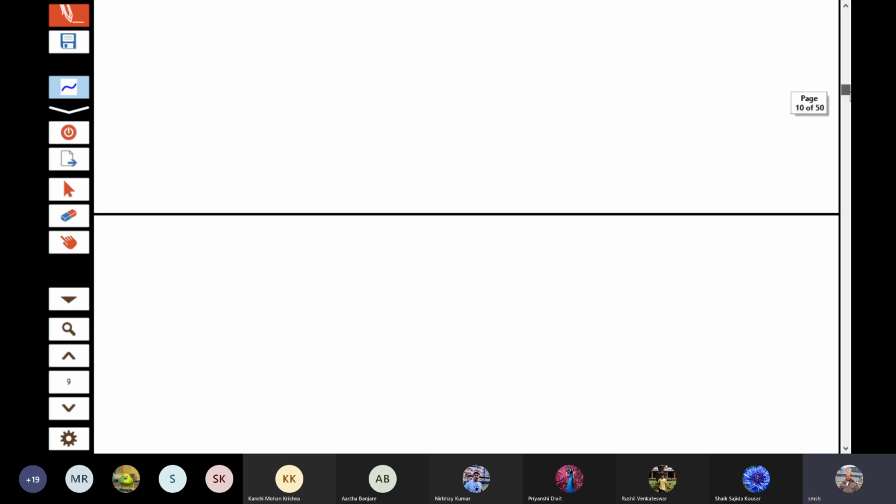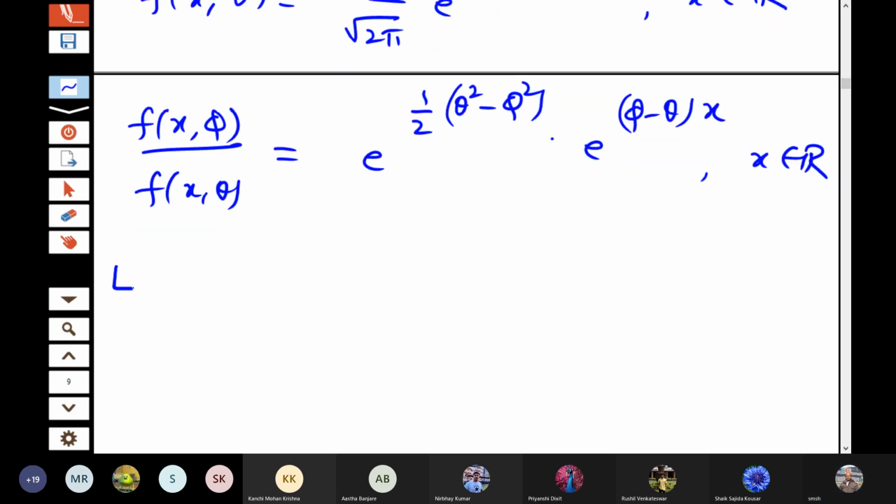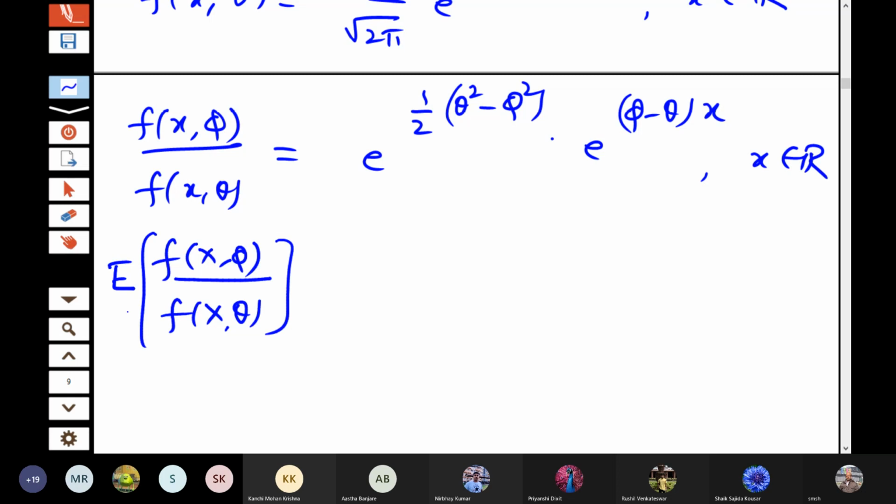Now we have to take the expectation of this f(x, phi) by f(x, theta). So that is an integral. This is constant, so we can keep it outside: e to the power half (theta square minus phi square).